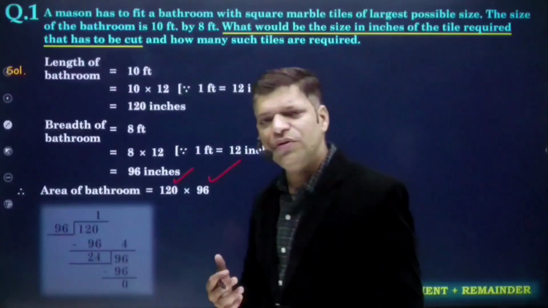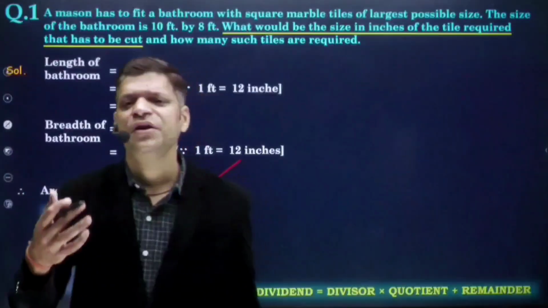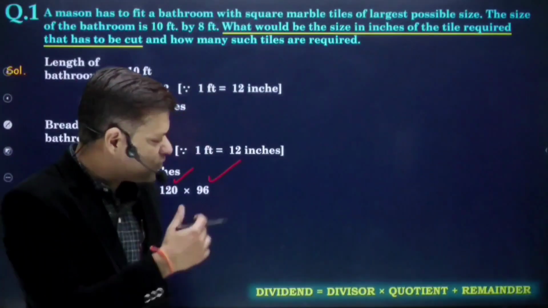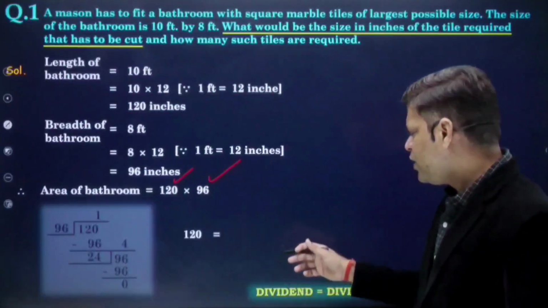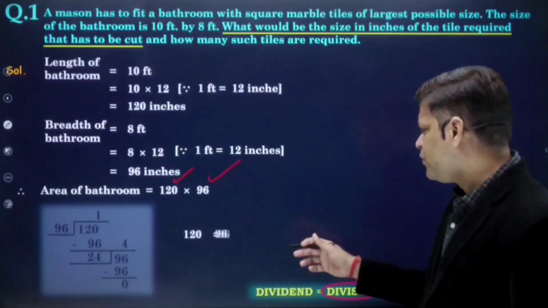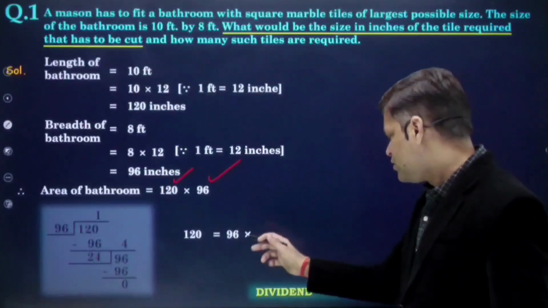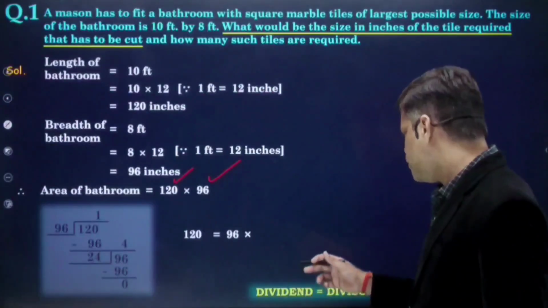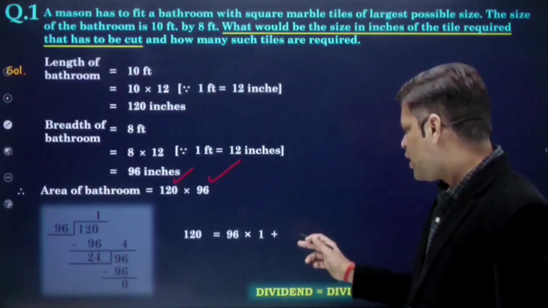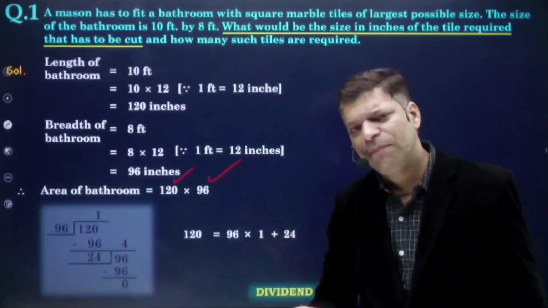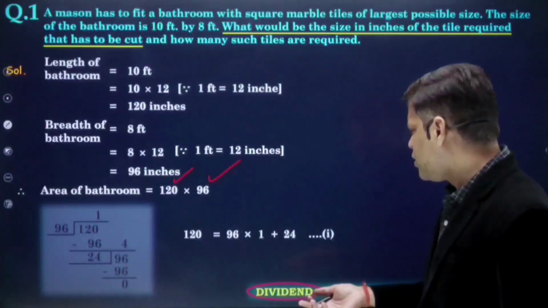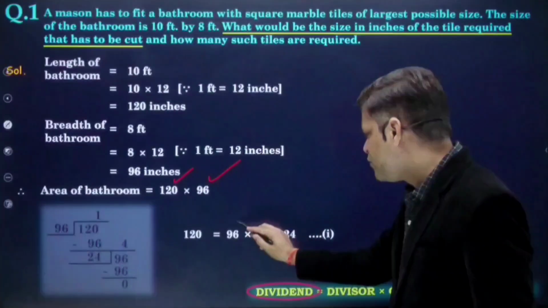Because we know that the dividend is equal to the divisor into quotient plus remainder, we will write down here 120 is equal to 96, that is the divisor, into quotient 1, plus the remainder 24. Again we apply the Euclid division lemma between 96 and 24.